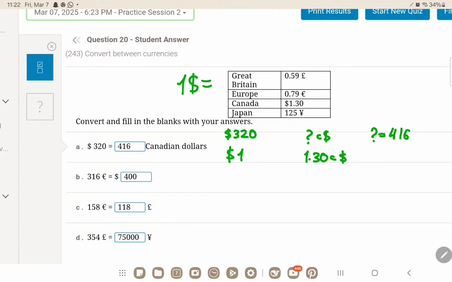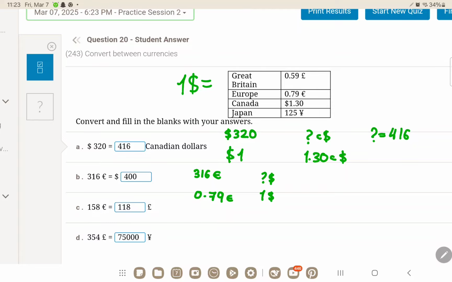Now let's go on to euros. 316 euro is how many dollars? We know that $1 is 0.79 euros. So now 1 times 316 divided by 0.79.